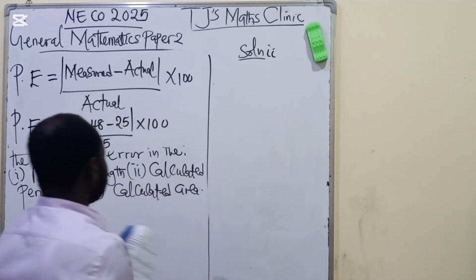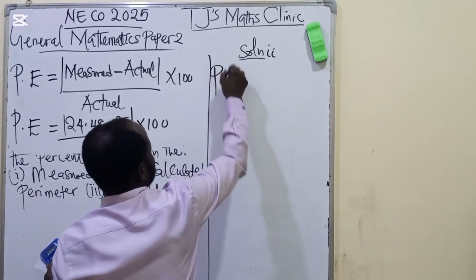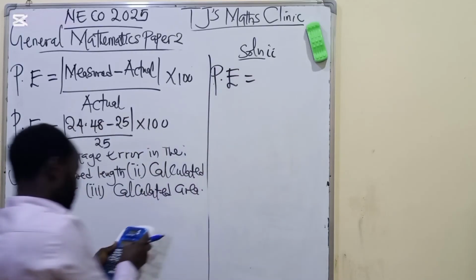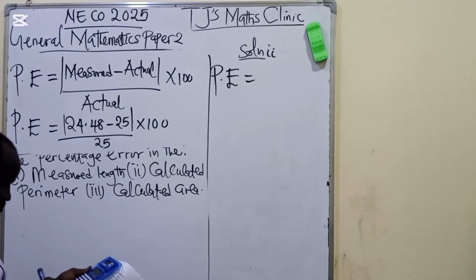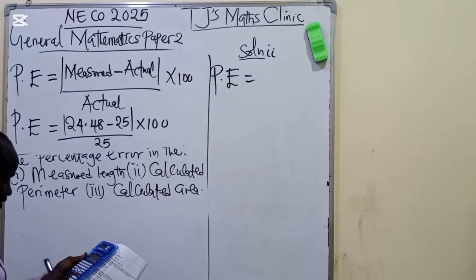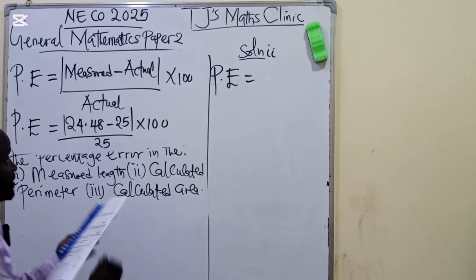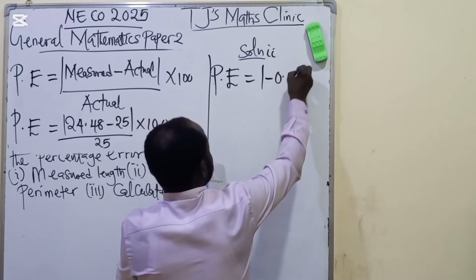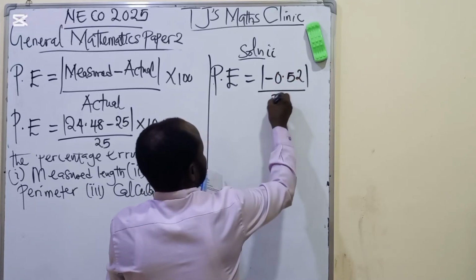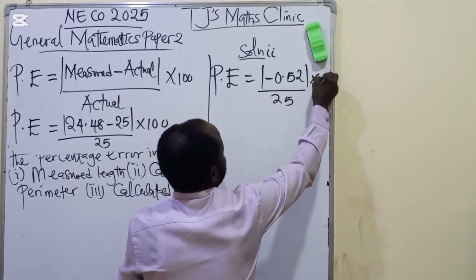Here, to find the percentage error in the calculated perimeter, it will be 24.48 minus 25. That gives the absolute value of minus 0.52 divided by 25 multiplied by 100.